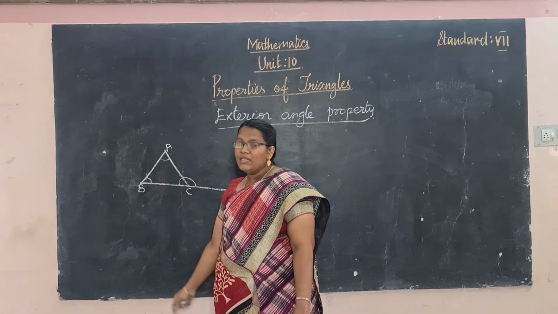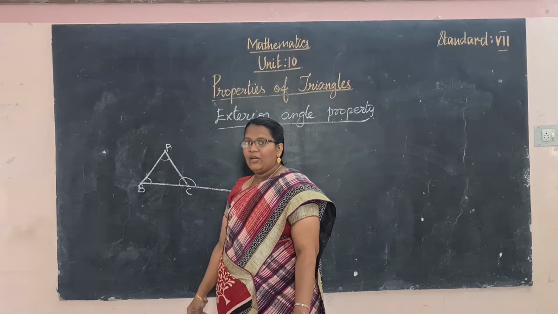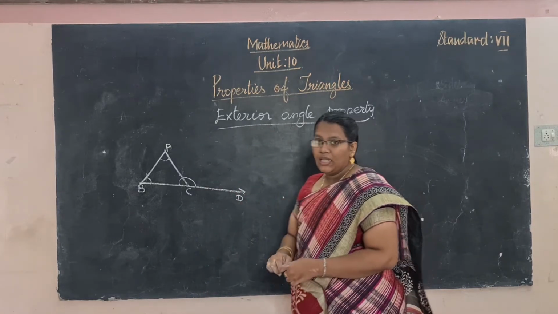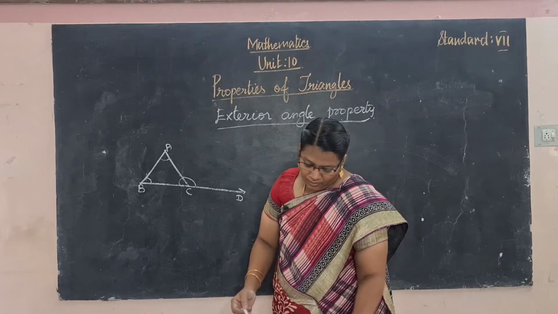Here, the opposite angles are angle B and angle A. If you add these two, the value will be equal to the exterior angle. That is the condition. The exterior angle is equal to the sum of the opposite interior angles. That is called the exterior angle property.